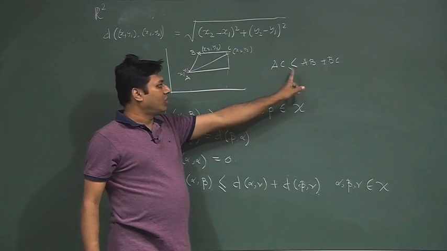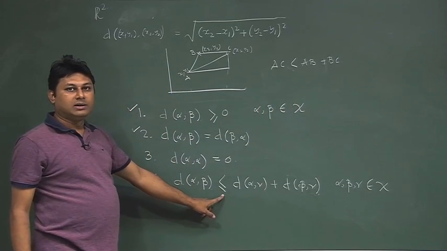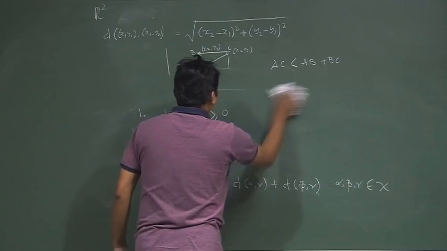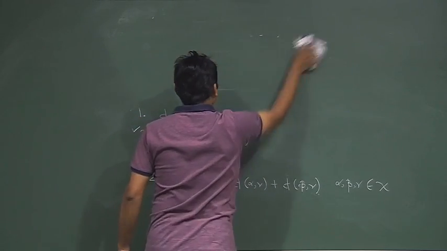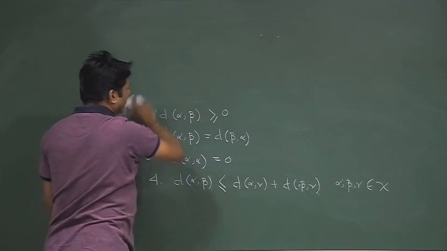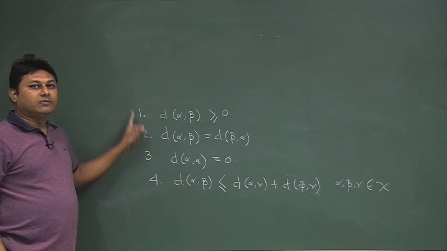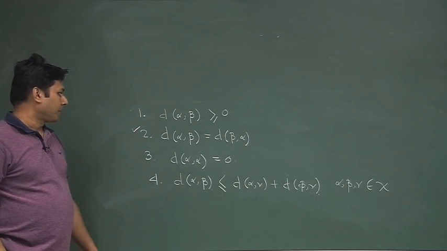So, length is always these things. So, it is followed by this. So, that means I can define my metric in R3, R2, R1, Rn according to my choice. Only thing is that they need to follow these four criteria which I have written here.